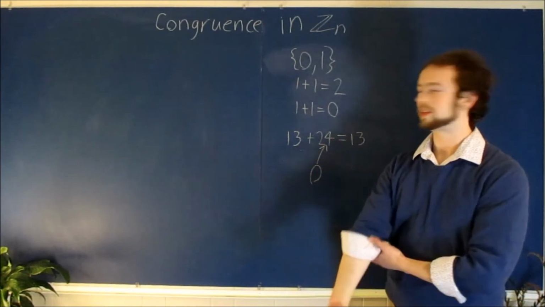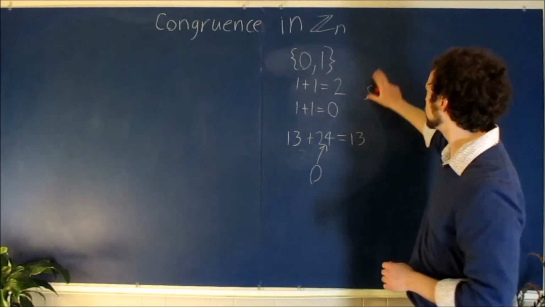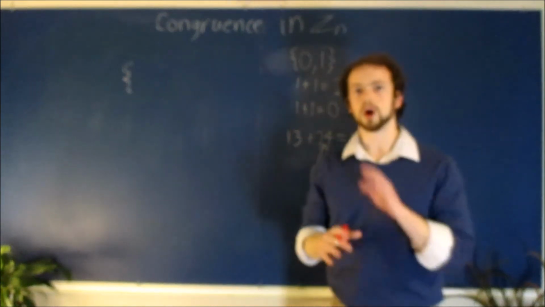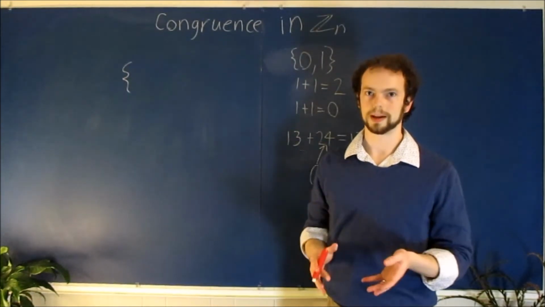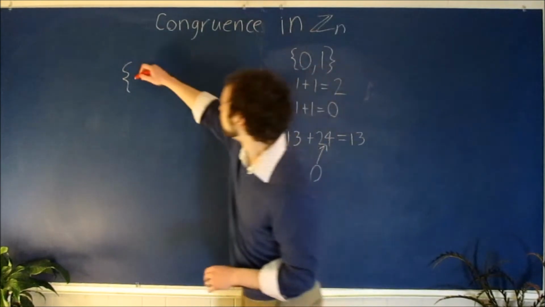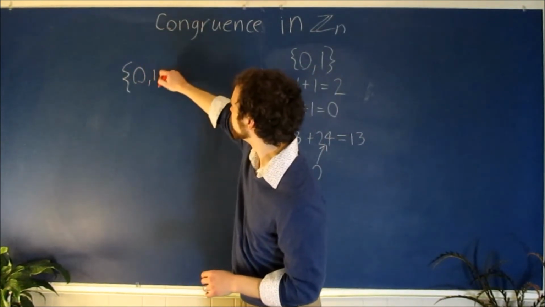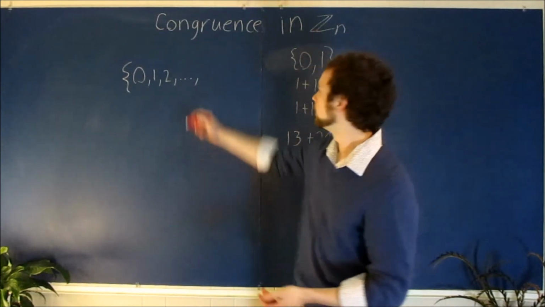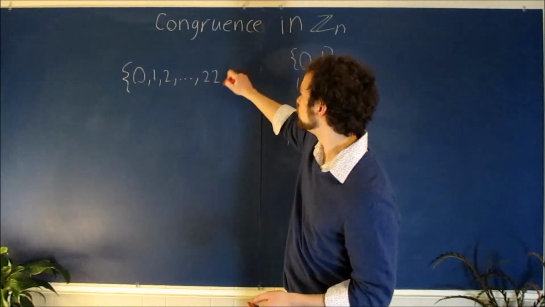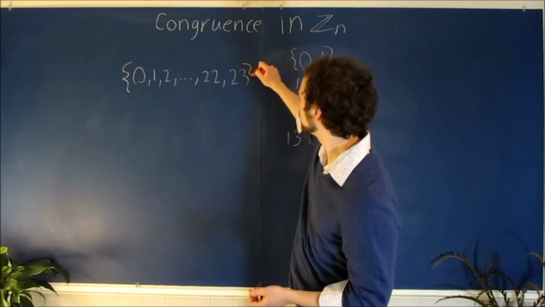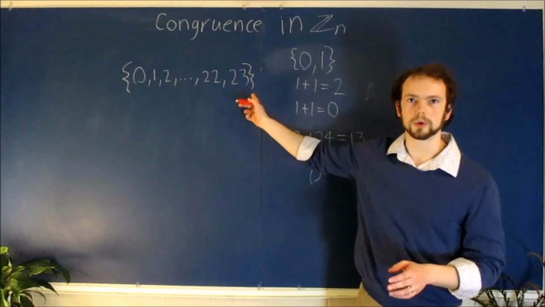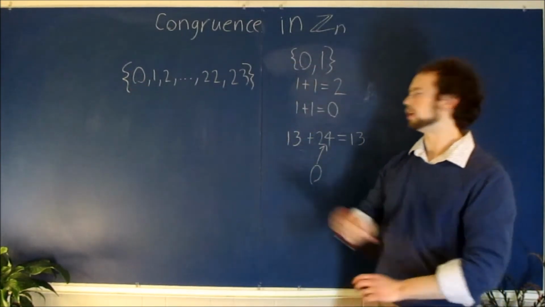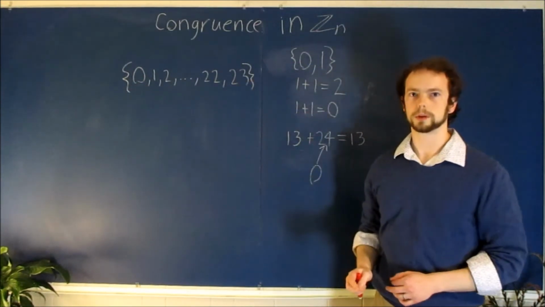I'll write that set over here. I'm not going to list all 24 elements, but it would start with 0, then 1, then 2, and so on. The last two would be 22 and 23, because remember, when we get to 24, that's just back at the beginning, that's 0 again. So the last element in this set would be 23.